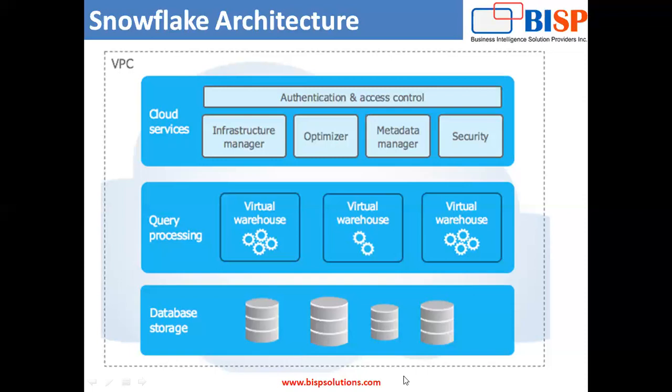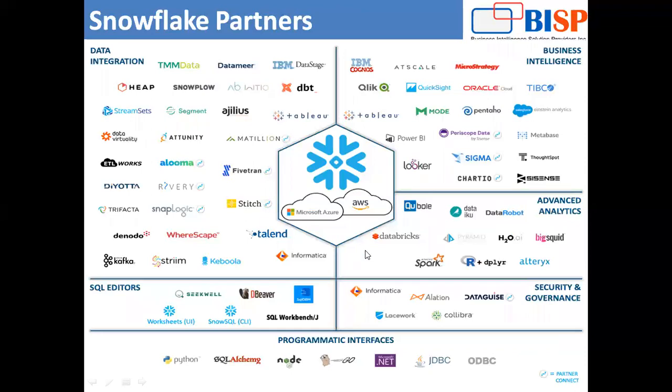Now in the next slide, I'm going to tell you about the Snowflake connectors. So basically, as you can see, the Snowflake connectors have been divided into various parts. For example, they are divided into data integration, business intelligence, advanced analytics, security and governance, SQL editors, and the programmatic interface.